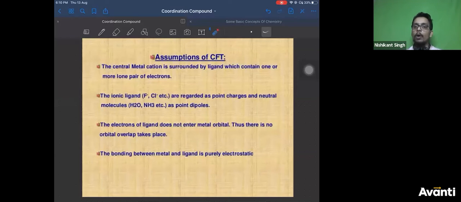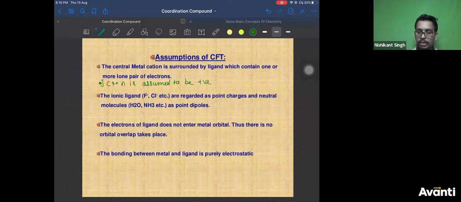Okay? So let us see how. The assumption says the central metal atom is surrounded by ligands which contain one or more lone pairs of electrons. Then one more thing you can add here: the central metal atom is assumed to be a positive point charge, whatever you want to say.